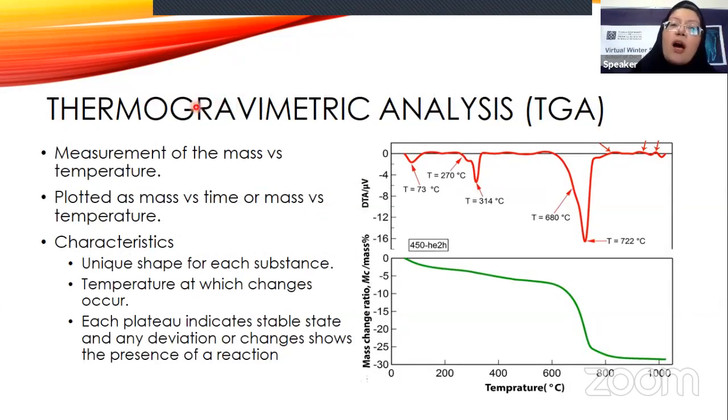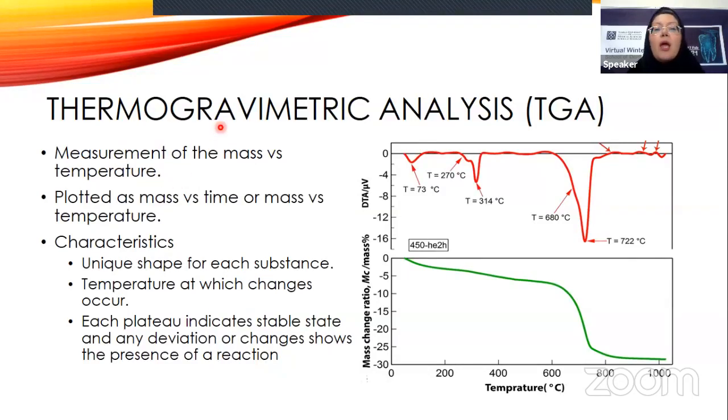Both of them, the TGA and also the DSC, are very important devices to show us the thermal behavior of a material. The thermogravimetric analysis, or TGA, shows us the changes of the weight of a material compared with changes of temperature.